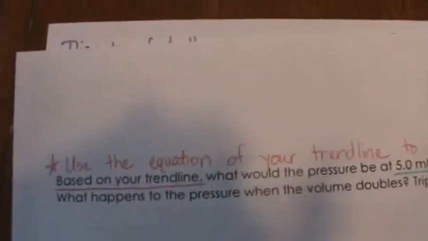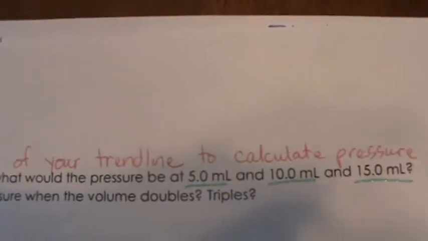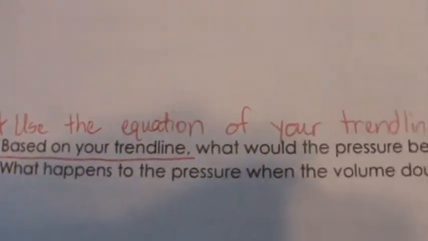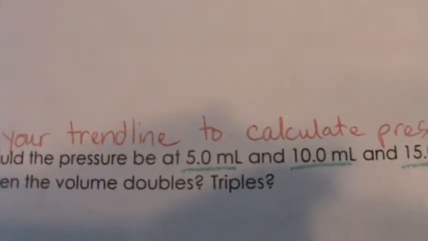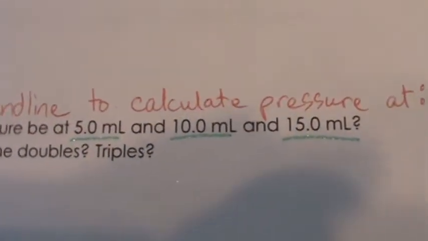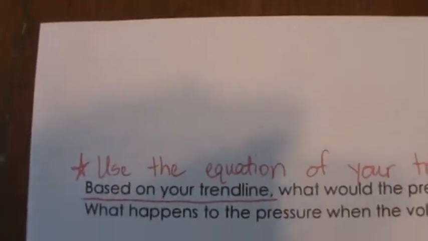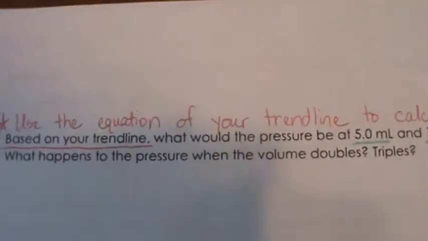You're going to use the equation for your trend line to calculate pressure at the following. So based on your trend line, calculate the pressure at 5 mils, 10 mils, and 15 mils. Now, your trend line for this, because it's a power and not a line, before we saw y is equal to mx plus b, but we're not going to see that now.